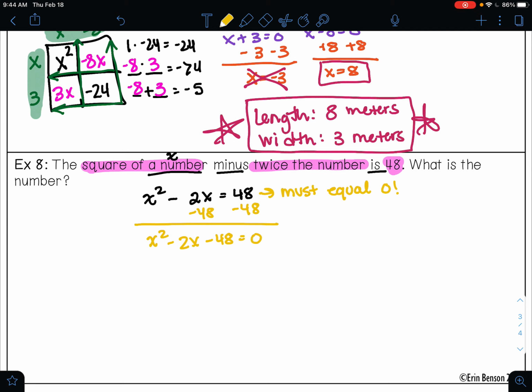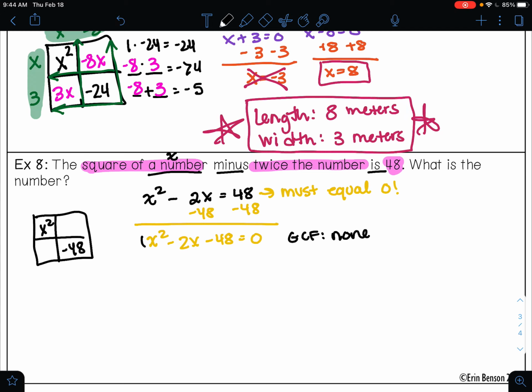So now I can go ahead and factor this equation. There is no GCF. So I can go straight to the area model. My first term goes in the first box, and my last term goes in the last box.